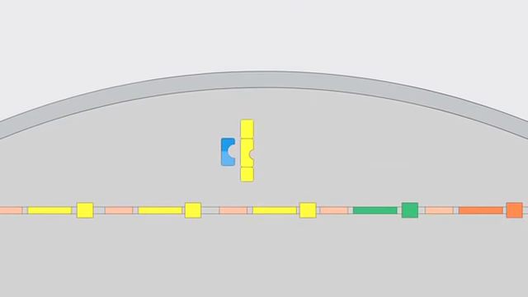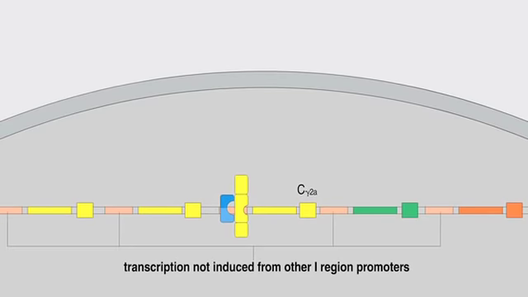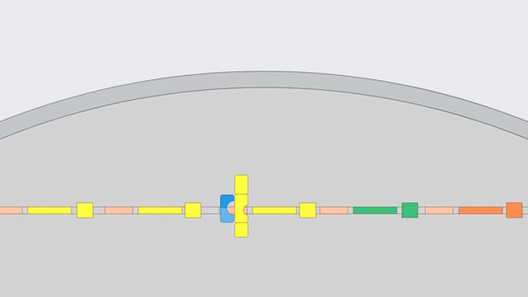These transcription factors cooperate to selectively induce the transcription of the I-region promoter upstream of the C gamma 2a constant region. However, they do not induce transcription from other I-region promoters, such as C epsilon or C alpha. The different transcription factors activated by the cytokines determine the specificity of I-region activation. In this case, activation of STAT1 by interferon gamma leads to the activation of the I promoter region for C gamma 2a.